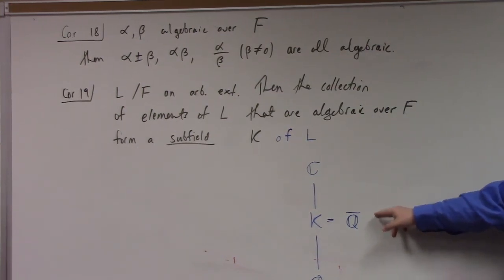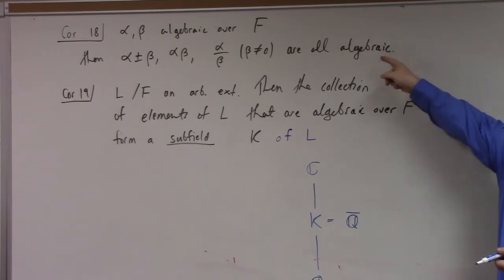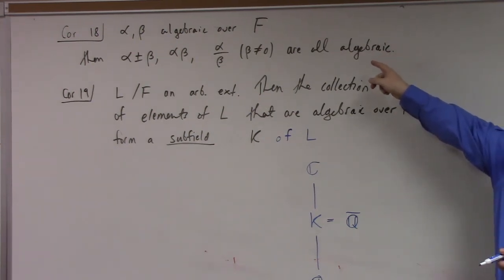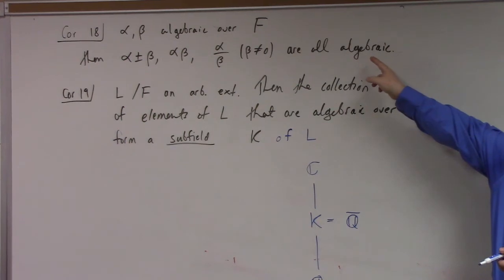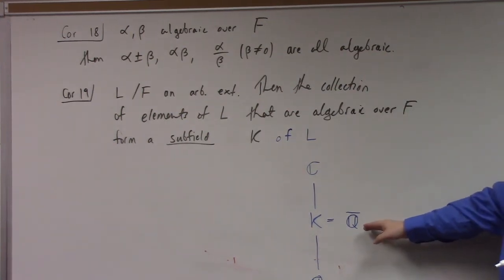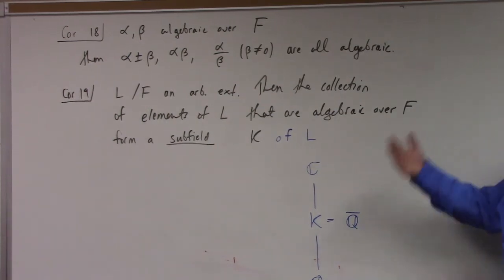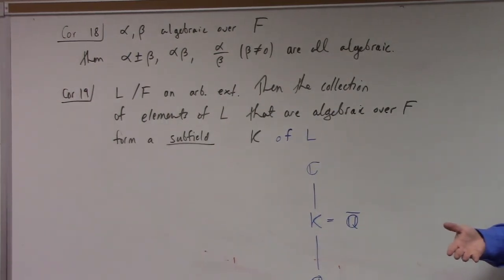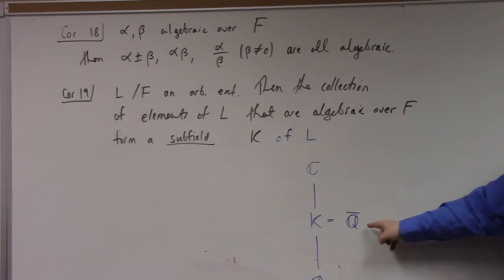The fact that it forms a field is given by corollary 18. Because if you take two algebraic numbers, you can construct their sum, difference, and reciprocal as needed to form a field. But what's really interesting is that it seems so huge, all possible algebraic numbers, and yet he carefully argues that this is countable.